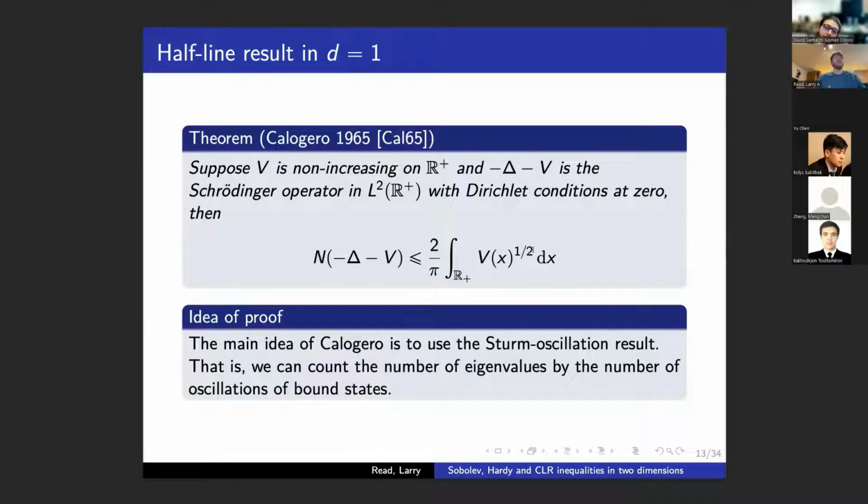And therefore, by looking at the last bound state, you can quantify the number of eigenvalues by the number of oscillations of your bound states. But it's more complicated than that. There are some scattering theory ideas in the proof, but that's the general idea of why it works.